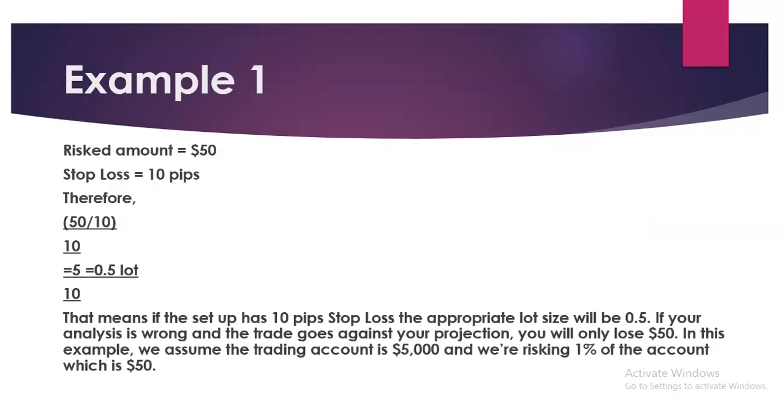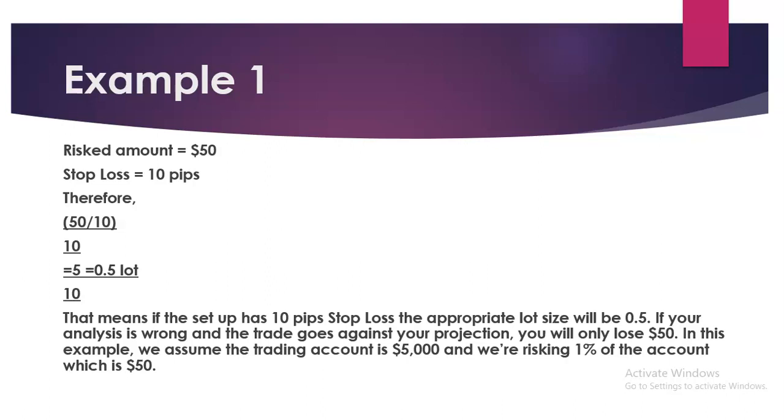Now, the risk amount, according to our example, this person has $5,000 equity, as in $5,000 in his trading account, and is risking only 1%, and that 1% in dollar terms is $50.